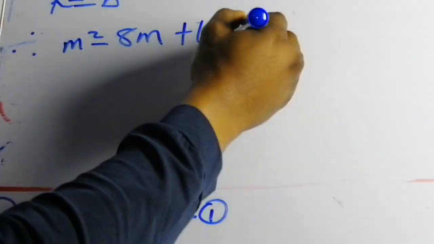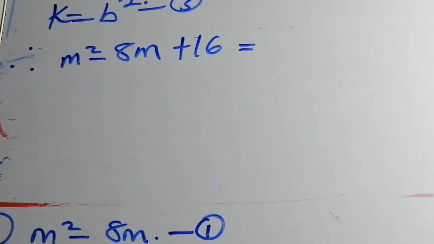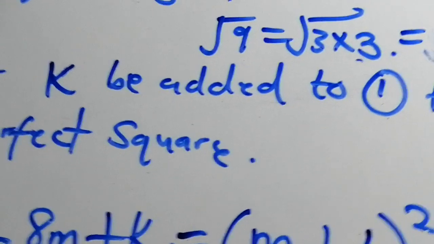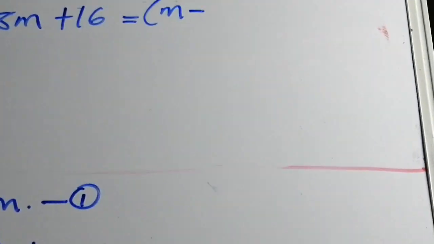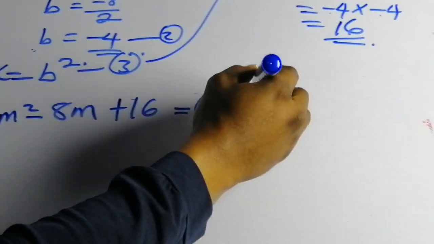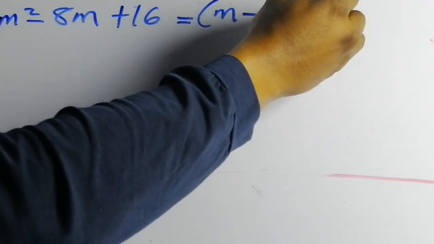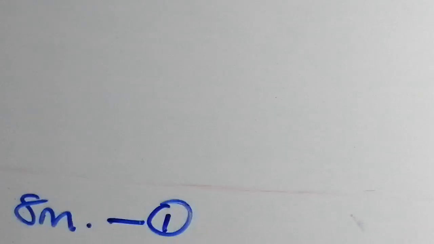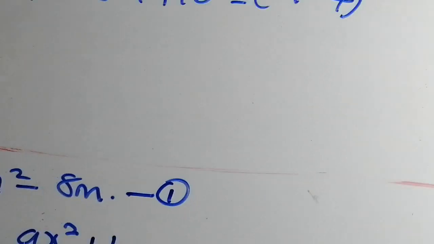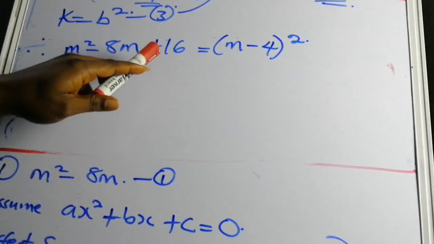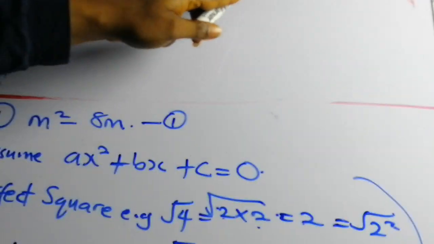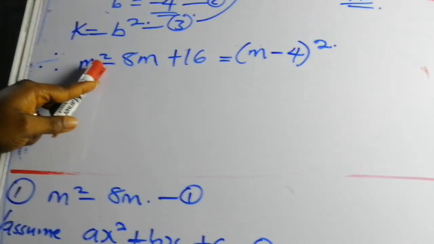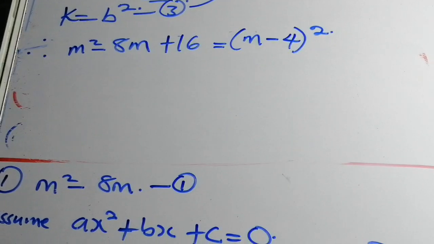Plus 16 equals m, what is my b? My b is equal to minus 4, squared. So that is the meaning. It means that for me to make this equation a perfect square, I must add 16 to it. If you expand this, you will get this. That is the meaning. So it's very key.